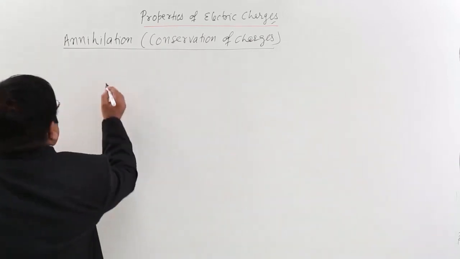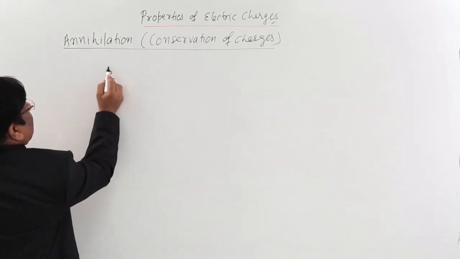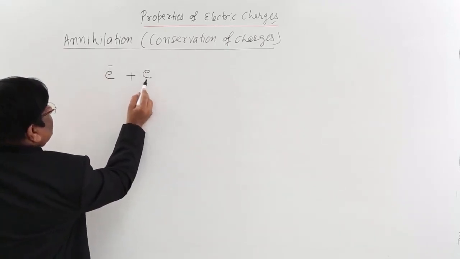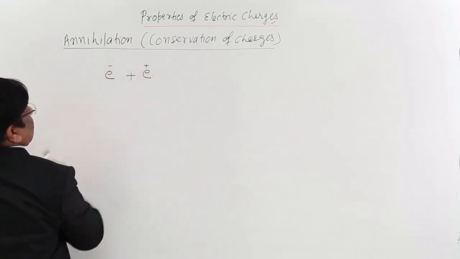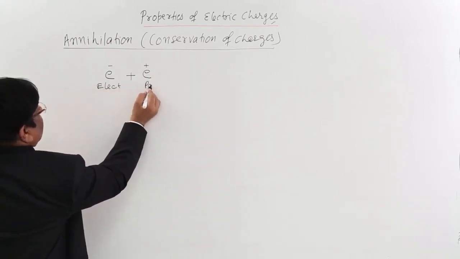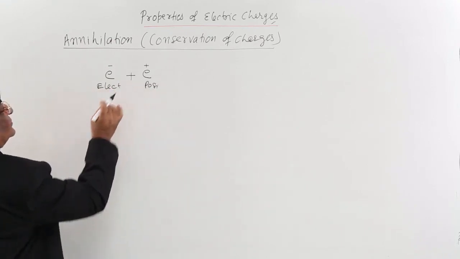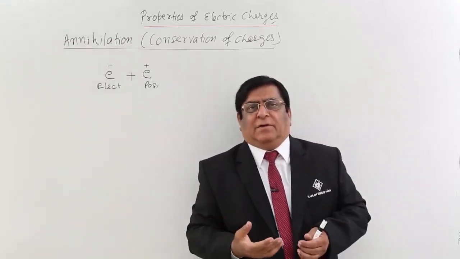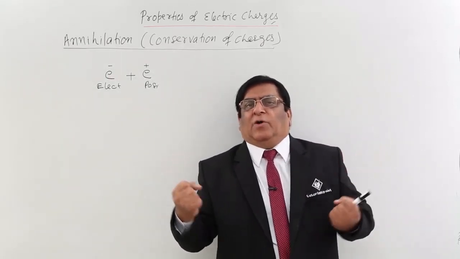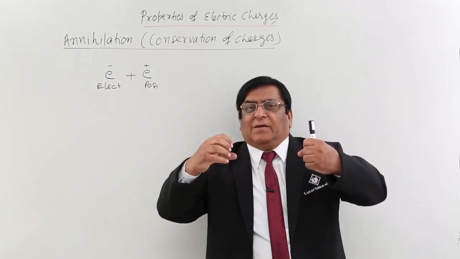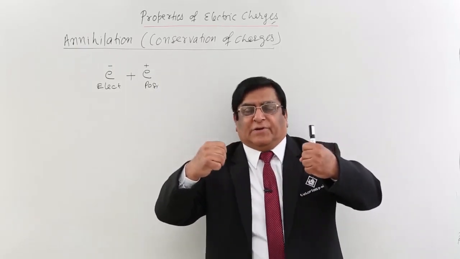They strike together. One electron, we will write it e, and one positron that is also carrying the charge e but positive. This is the electron and this is the positron. They strike together. Why do they strike together? Because minus and plus always attract each other. So they apply a force of attraction.